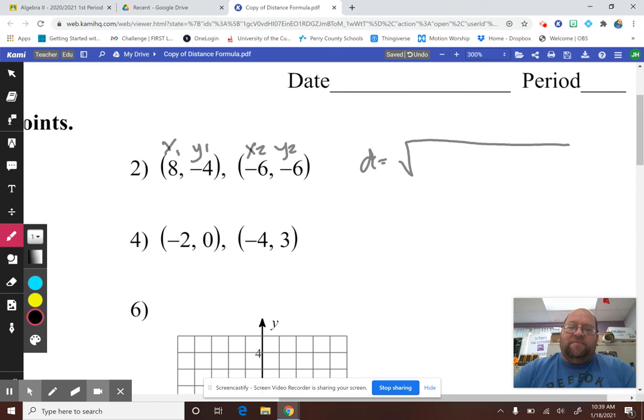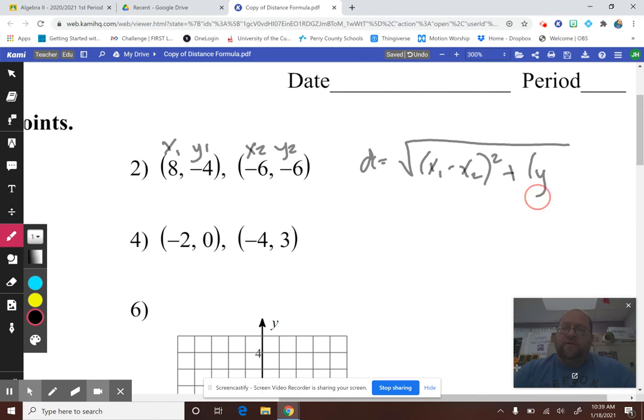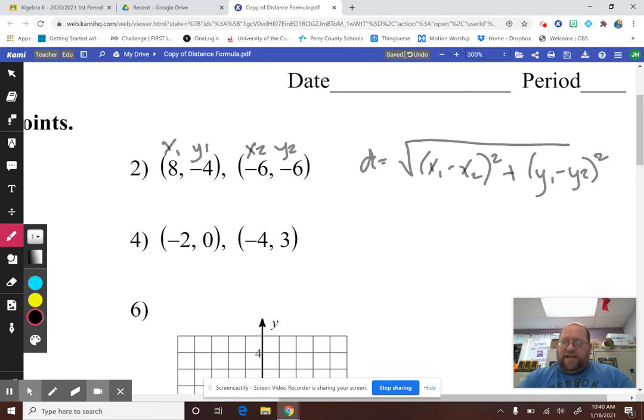Okay, I'm going to put x1 minus x2 squared plus y1 minus y2 squared. And again, it doesn't matter if you do one kind of order and then the other. It's still going to work out because you're squaring everything, okay?